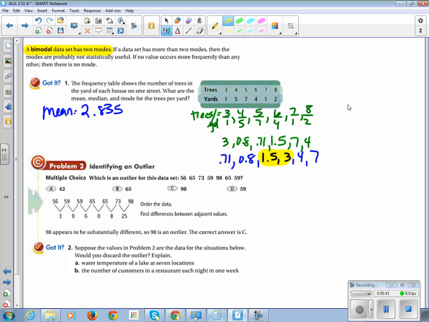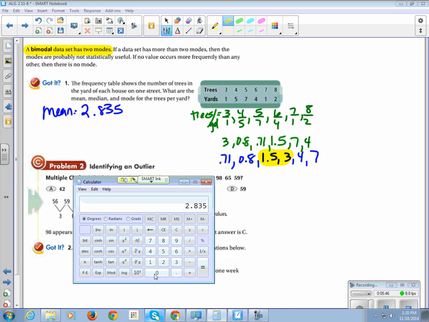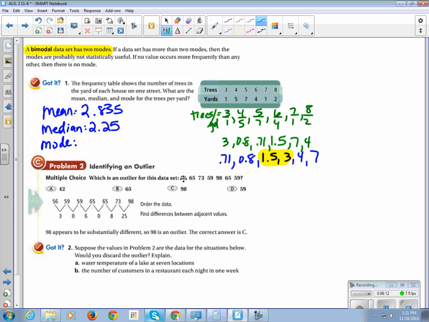So 1.5 plus 3, and cut it in half, 2.25. And then the mode, oh my goodness, we have a scenario where there is no mode. I don't have any number occurring more than once, so there's definitely no mode.